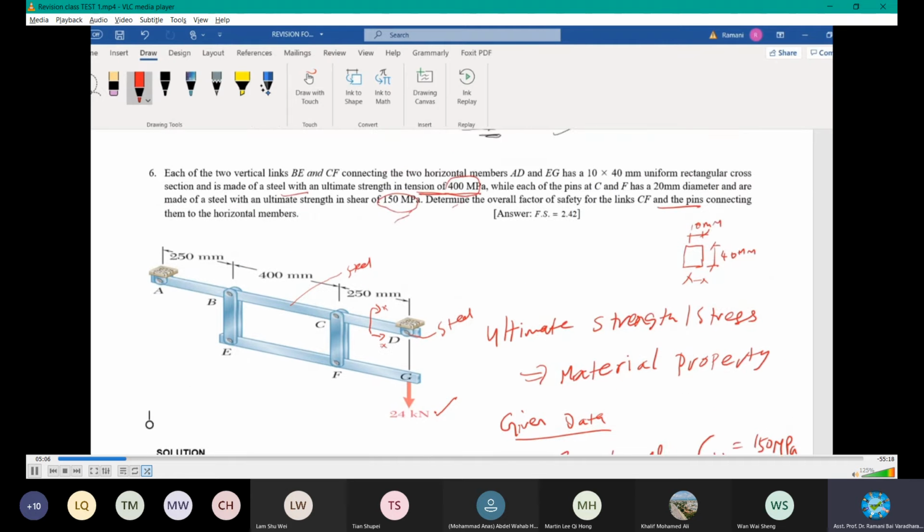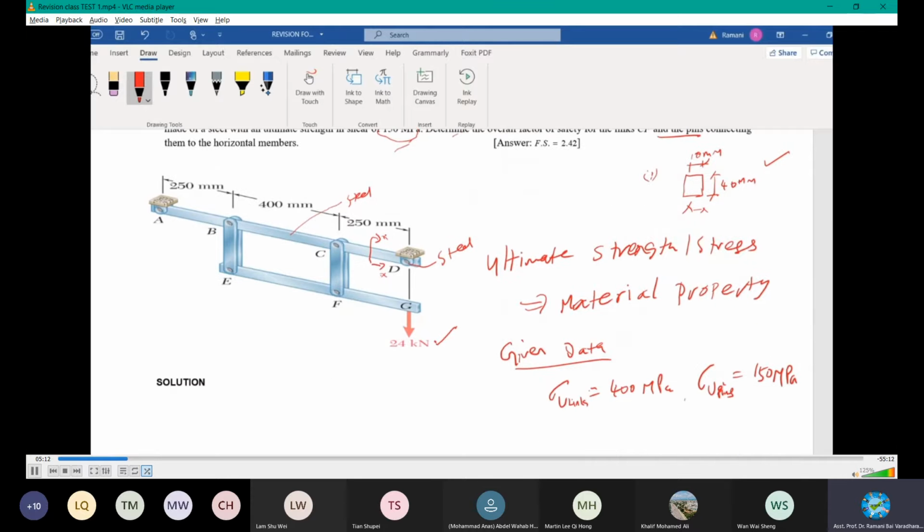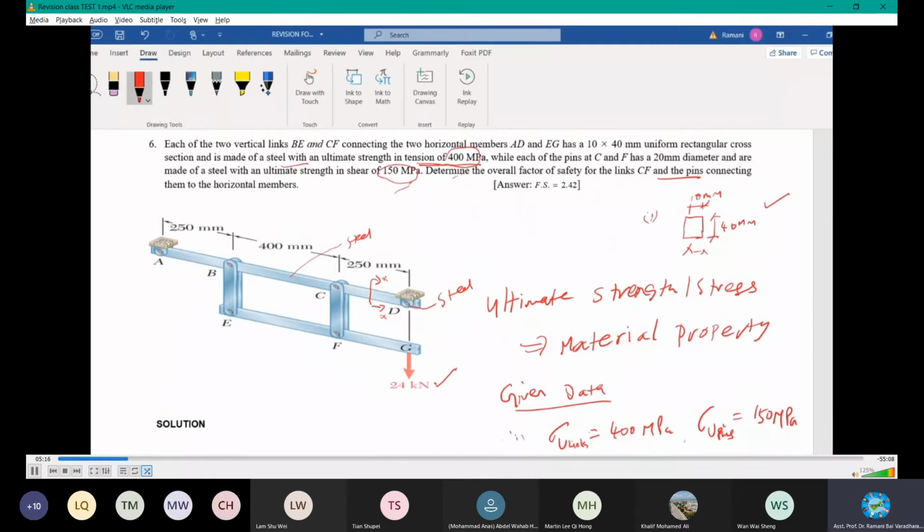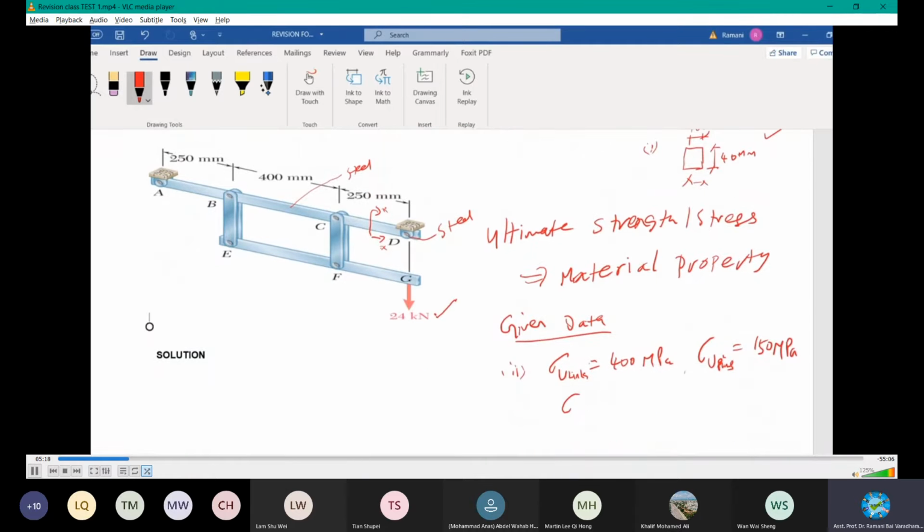Solution, that's all right. The section is written already. Number 1 is the section, right? Number 2 is the strength given to you, and then anything else? The diameter of the pins is given. Okay, I put the diameter as d. The pin is 20 mm diameter, remember, okay?